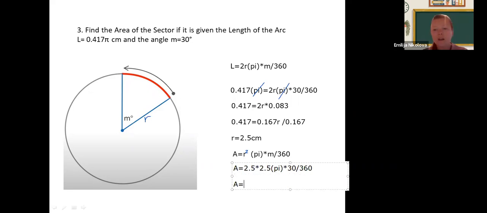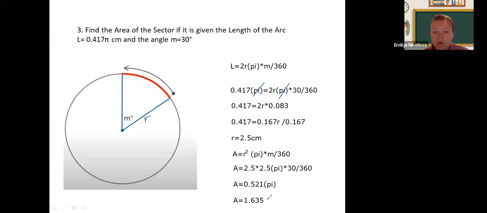So we have that the area will equal 1.625 centimeters squared.